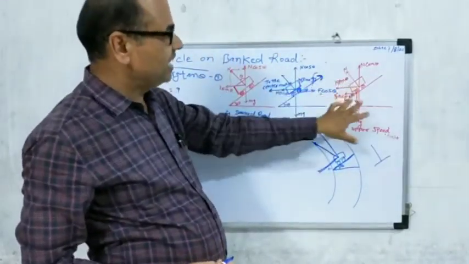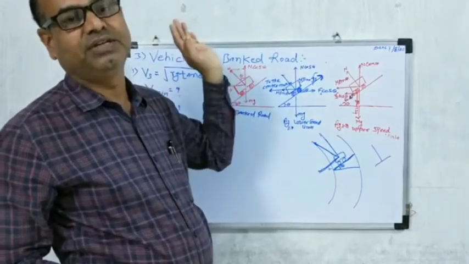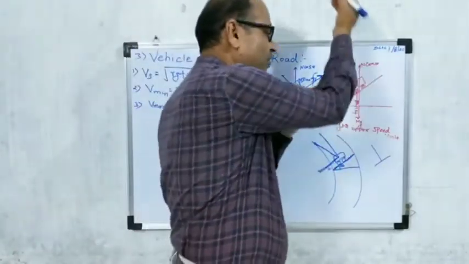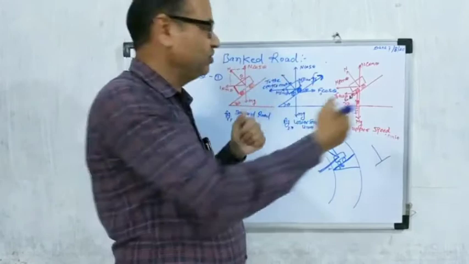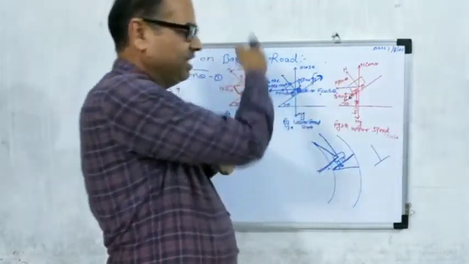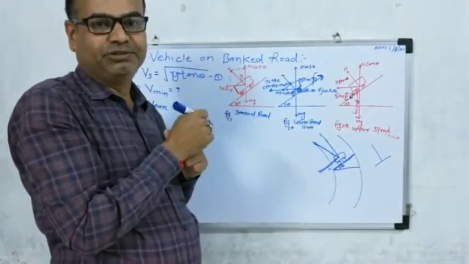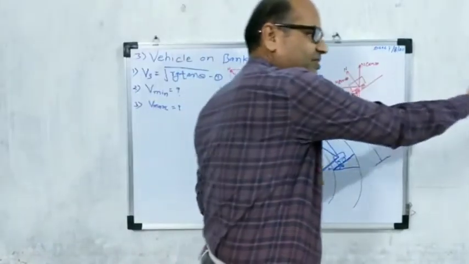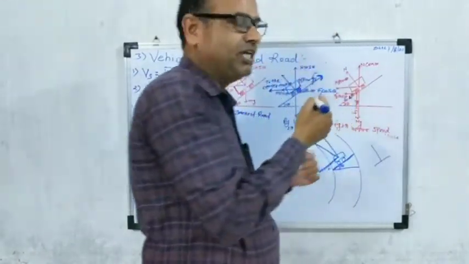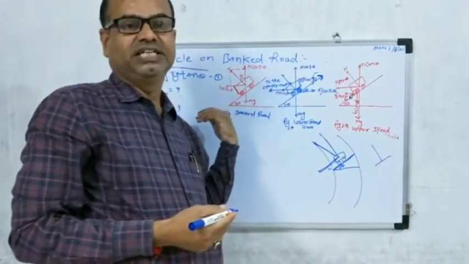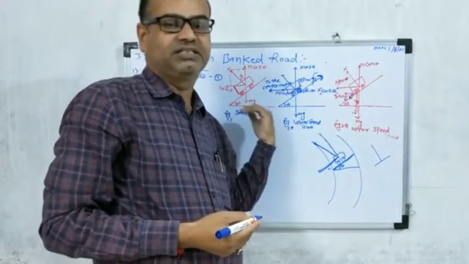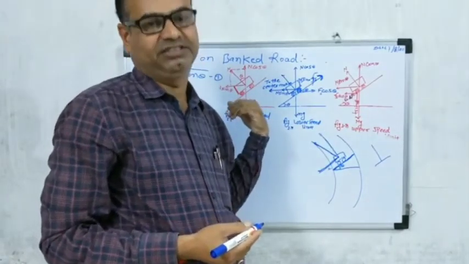Here the sign convention must be used. Vertically upward is the positive sign, and downward is the negative sign. In this way, the positive direction, and toward the center is the negative direction.